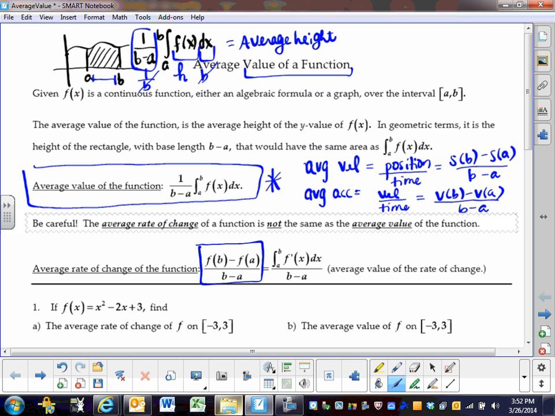So what that means is if I have the f prime function, I have to go backwards from f prime, anti-derive, to get f of b minus f of a. And then I divide that by b minus a. So the average rate of change of a function, if you have the function, is done as the slope of the function.